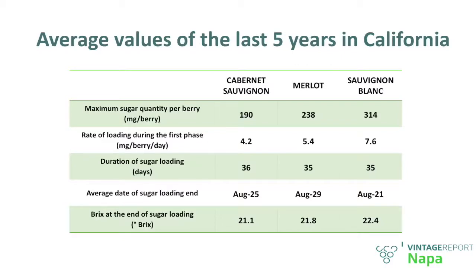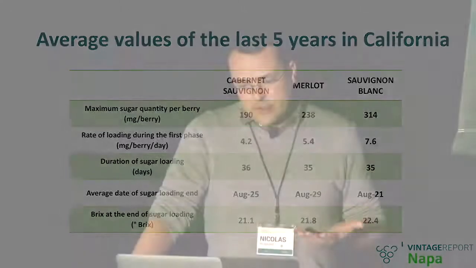For example, Cabernet Sauvignon is a light sugar loader, you could say. You see the maximum sugar quantity per berry is 190. You see the speed of loading, the rate of loading, is about 4.5 milligrams per berry per day, whereas Sauvignon Blanc will load sugar at 7, 8, even 9 milligrams per day per berry.